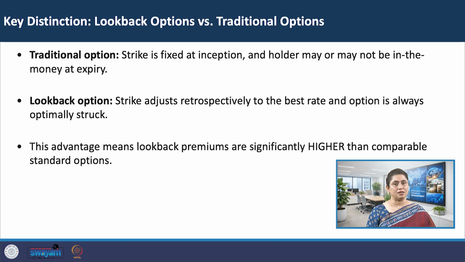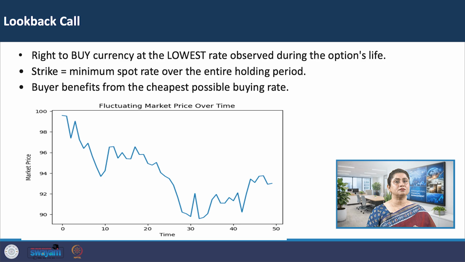So effectively, the option is always set at the best possible level for the holder. Because of this built-in advantage, look-back options are much more valuable and that is why their premiums are significantly higher than comparable standard options. Now let's talk about the look-back call option.